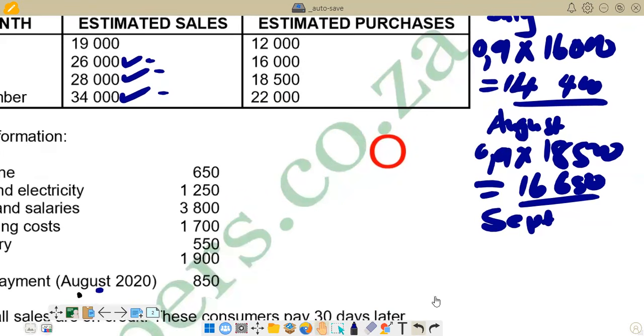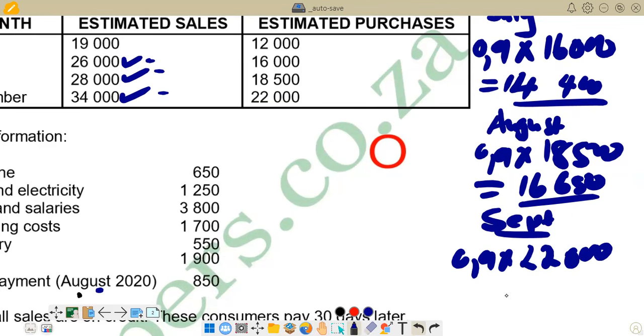So for September now we are saying 0.9. We multiply it by 22,000 total purchases. And if you multiply that one, you get 19,800.